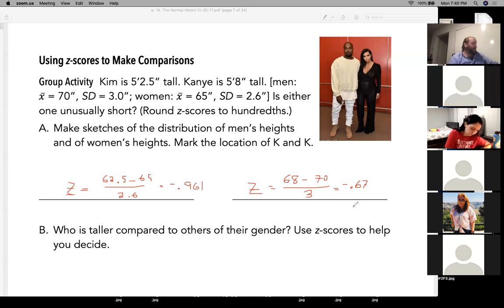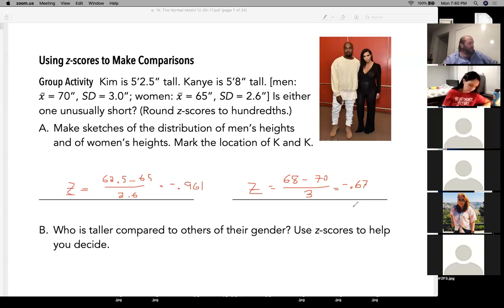Would you agree with that? Okay, next question. Who is taller compared to others of their gender? Kim has a lower z-score, so Kim is further to the left from the middle than Kanye is.